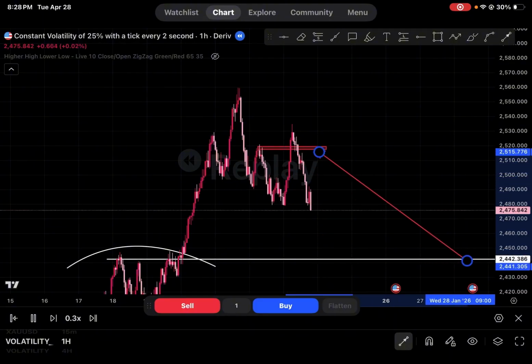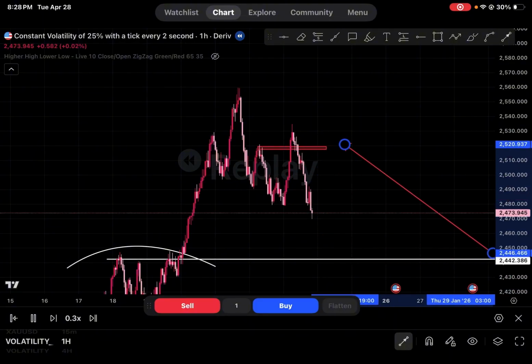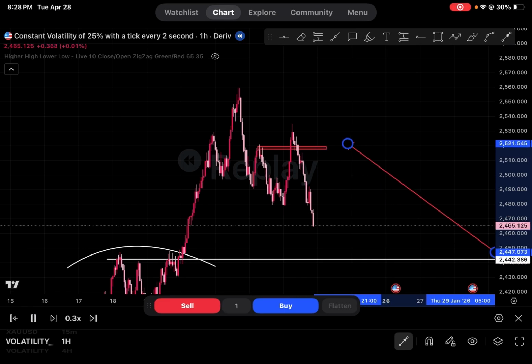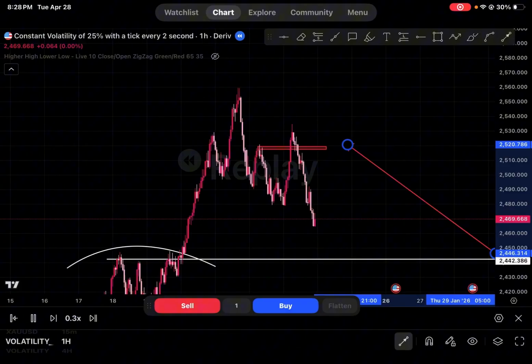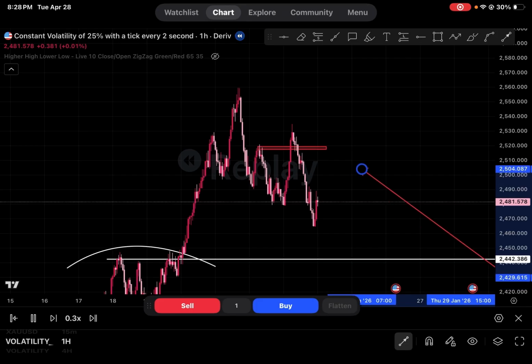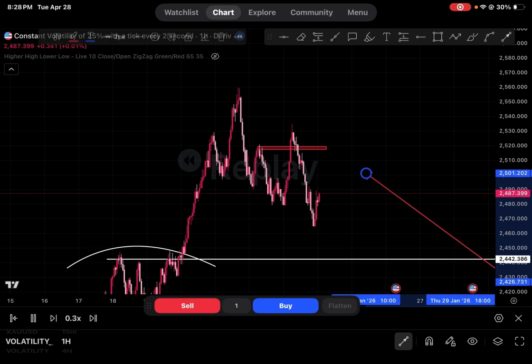So once price is back above this level, then we would enter the trade. So yeah. Liquidity sweep taking place.